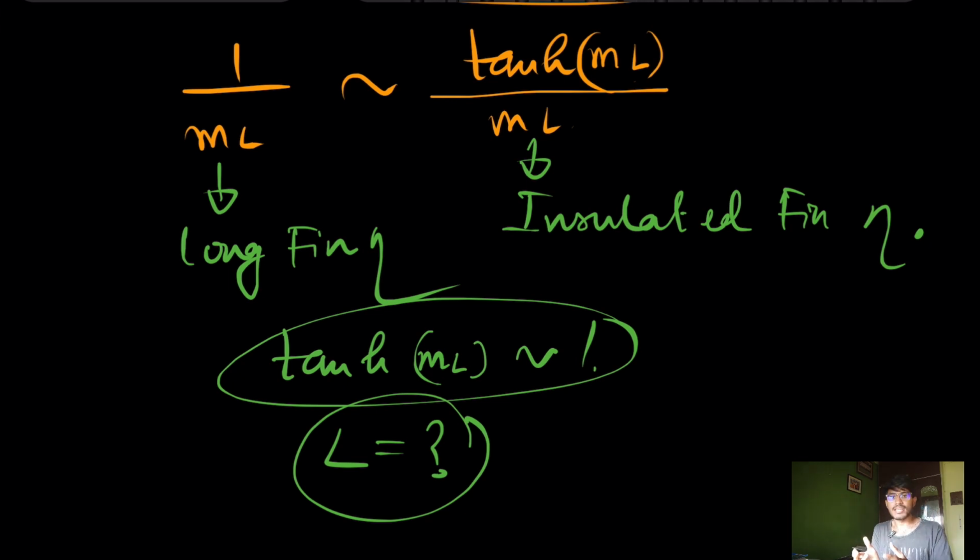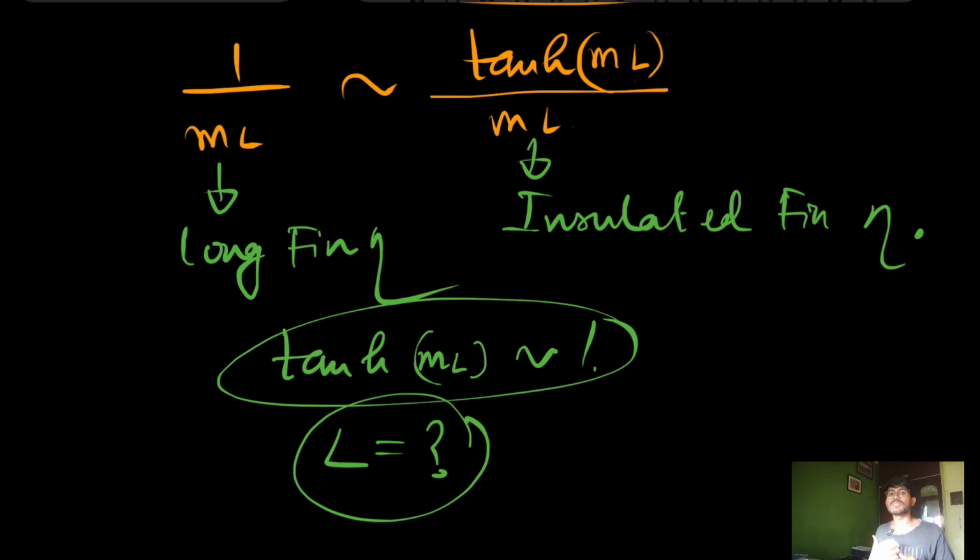That is the most practical thing, the convective boundary condition. You can convert the convective boundary condition into the insulated fin tip, then you can compare the insulated fin tip efficiency with the efficiency of the long fin, and the M will be the same for both because M is HPKA. So this HPKA is the same for both cases.